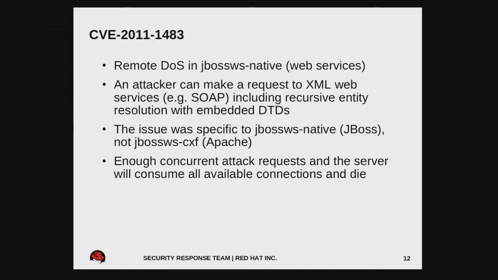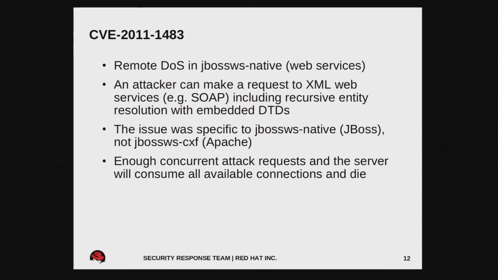Basically, it was a recursive entity attack. If you put recursive entities inside DTDs in a SOAP packet, or any XML web services packet, one of the implementations of the web services framework would go into an infinite loop and consume all of your CPU.